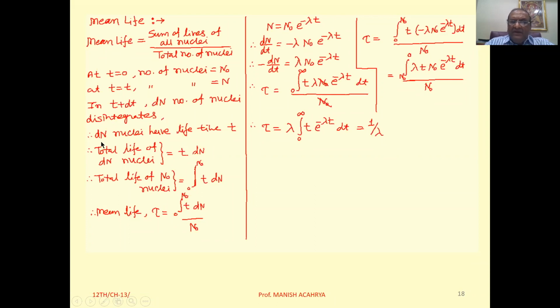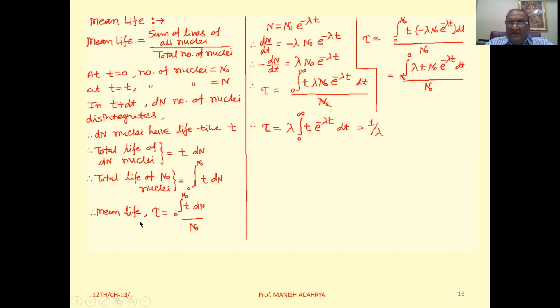Then dn nuclei have the lifetime t, that is the total life of dn nuclei. So that is t into dn. Okay. Now, total life of n0 nuclei: integrate this equation, 0 to n0 t dn.